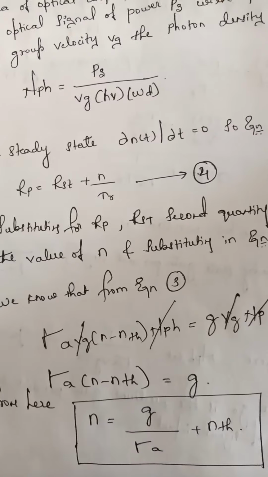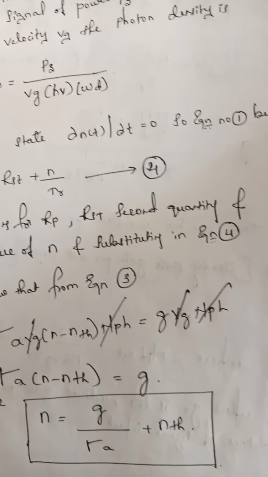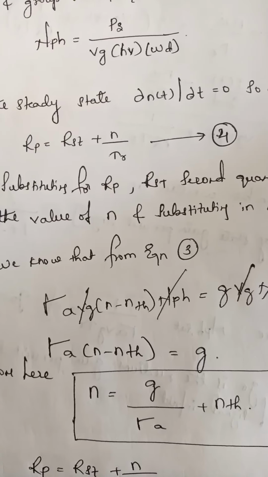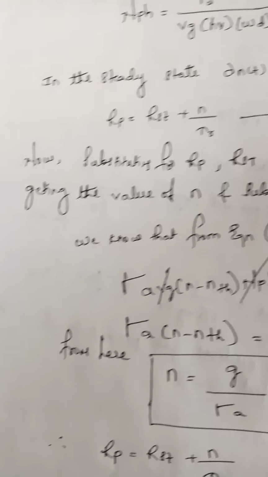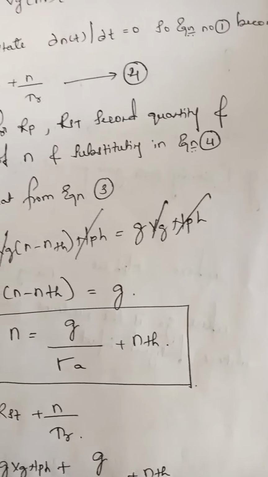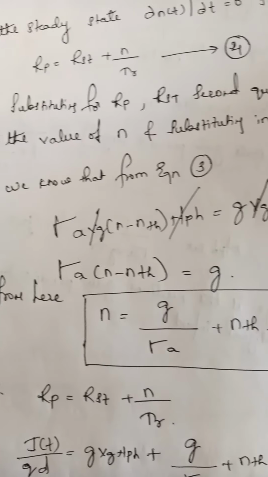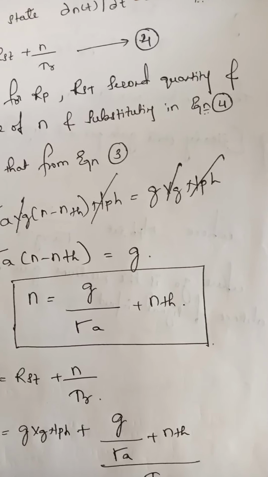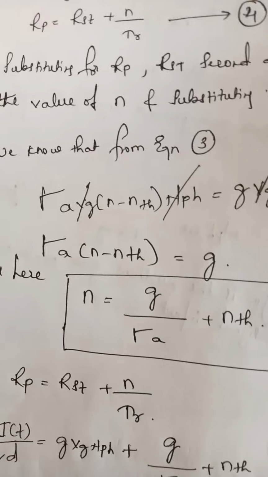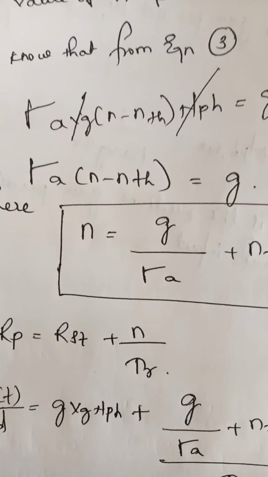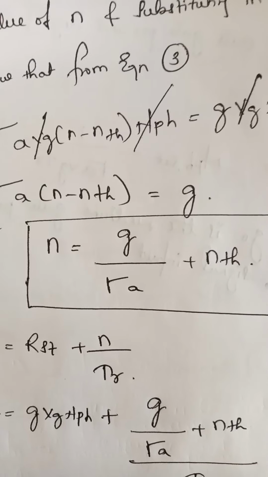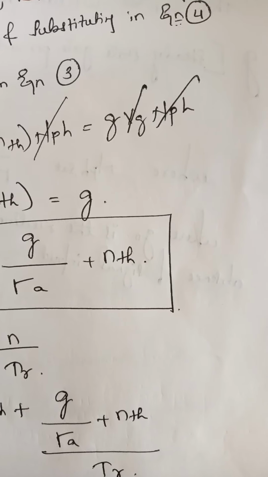In the steady state, dN(t)/dt is equal to 0. So equation 1 becomes Rp equal to Rst plus N/tau R. This is taken as equation number 4. Now substituting for Rp and Rst and getting the value of N, substituting in equation number 4, that is Rp equal to Rst plus N/tau R. Gamma times (N minus Nt) Nph is equal to G Vg Nph.